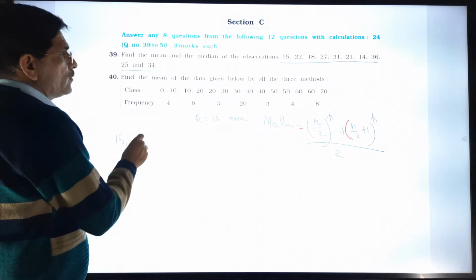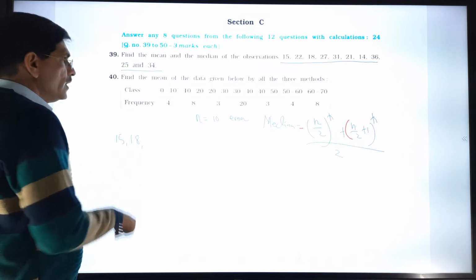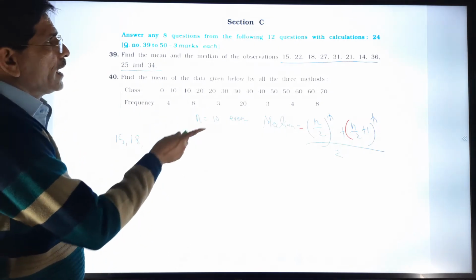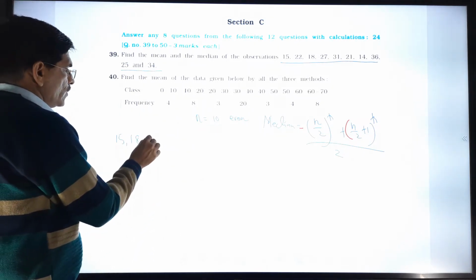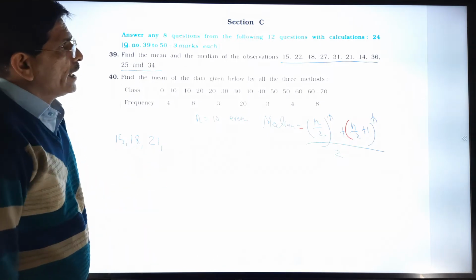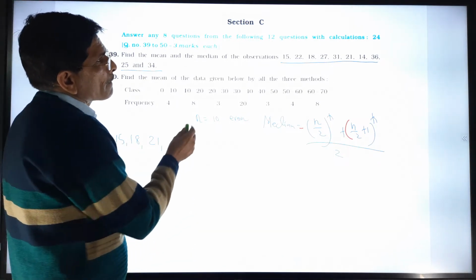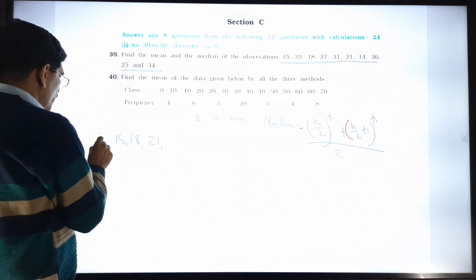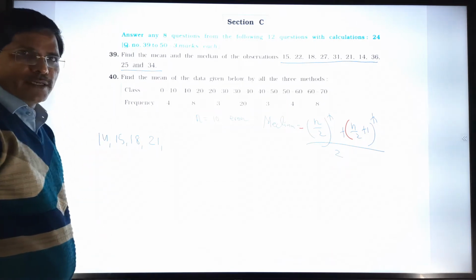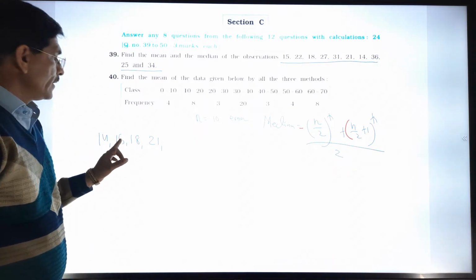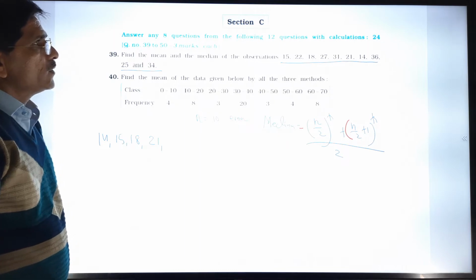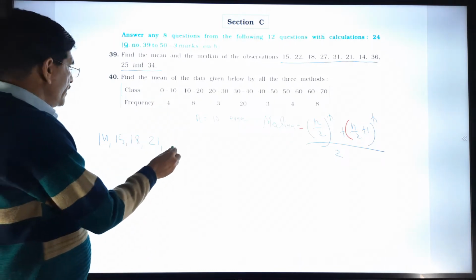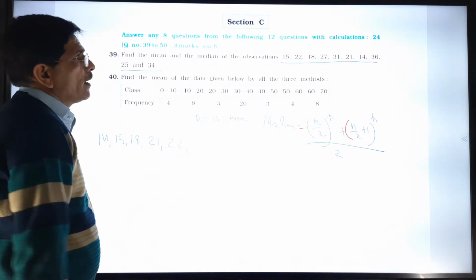Afterward I have to write 18. 15, 18. Afterward I have to write 21. Sorry, here one more observation we had forgotten, that is 14, 15, 18, 21. Afterward you will see 22 is there.